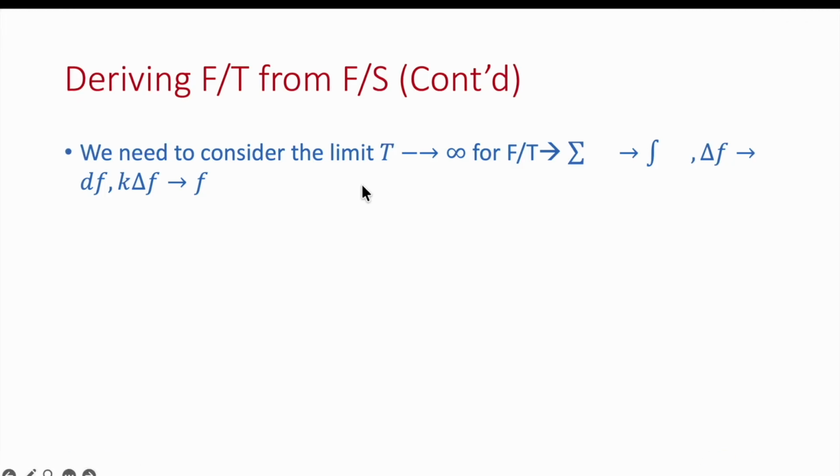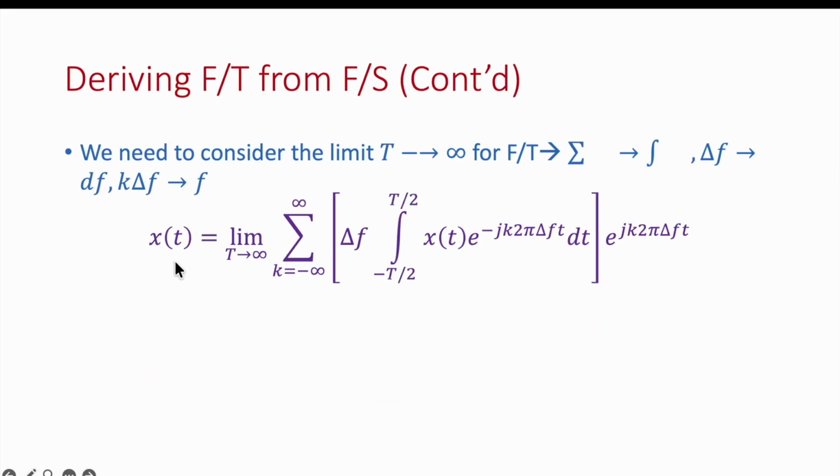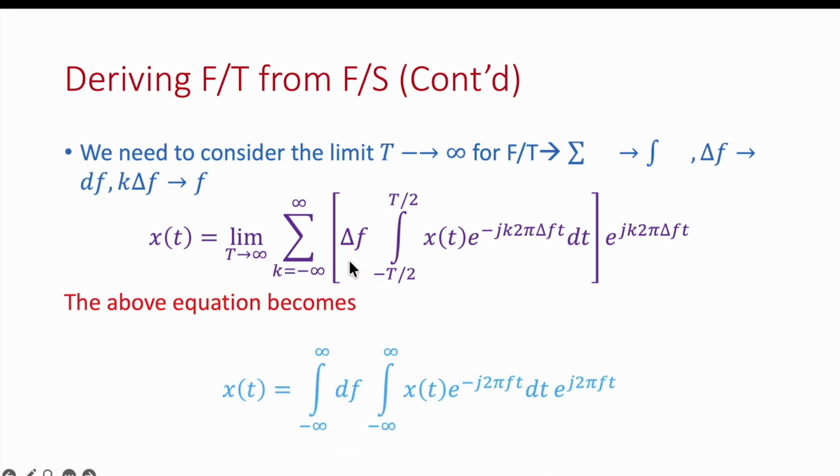To consider the limit T tending to infinity for the Fourier transform, in that case you can replace the summation sign with the integration, you can replace del f with df, and you can replace k del f with f for a continuous signal like x of t. So del of f is replaced with df, and summation is replaced with integration from minus infinity to infinity.